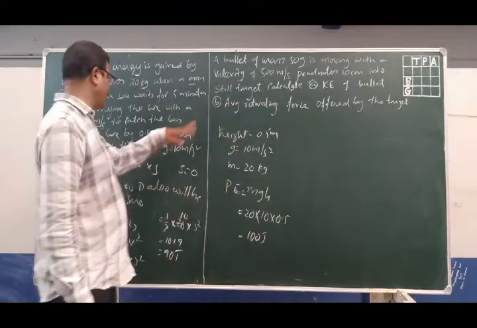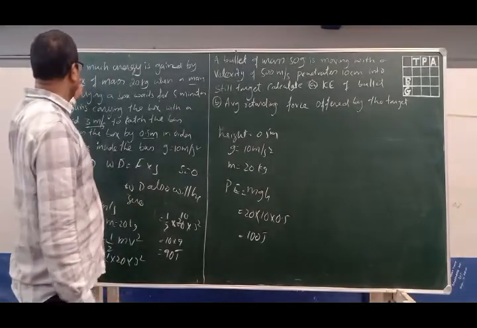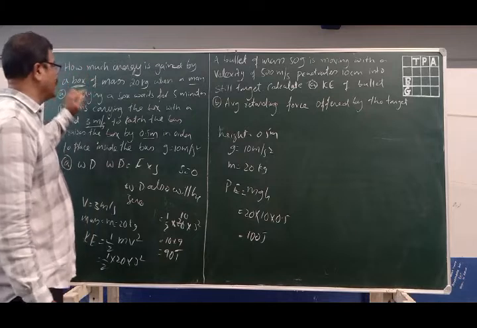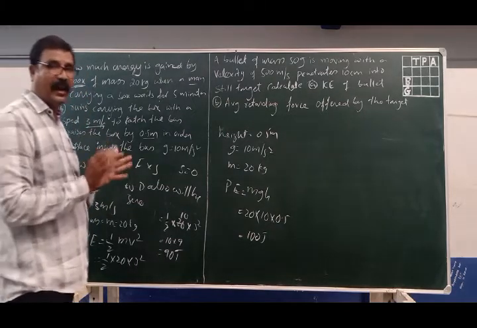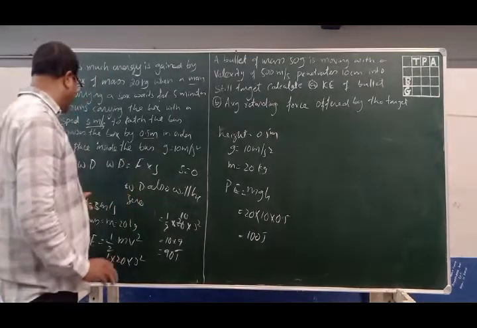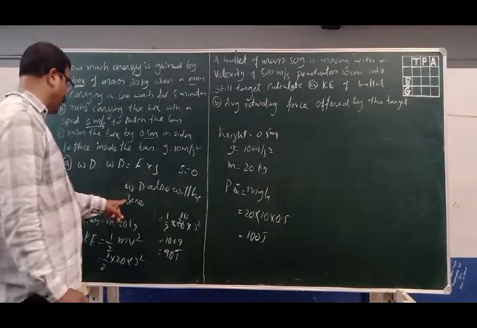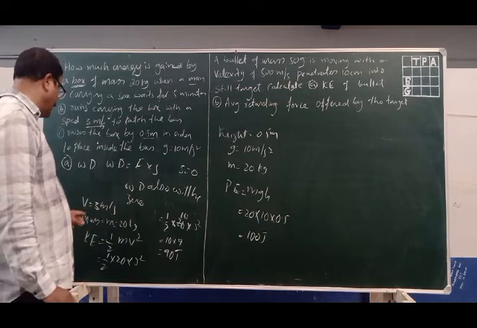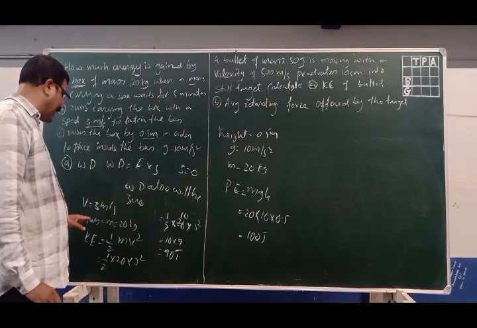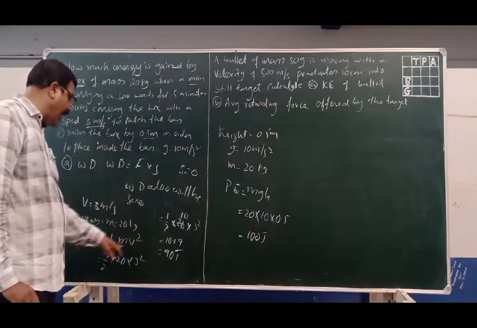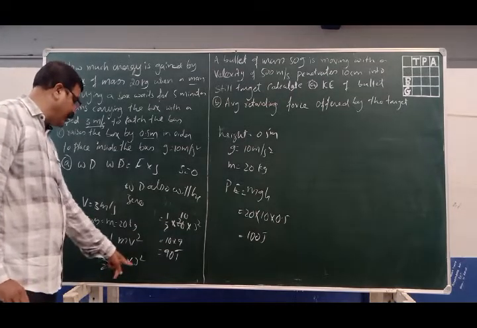So see the 3 cases here. In the first case, the energy gained by the box is 0 because the man carrying it is stationary or standing. In the second case, he is carrying the box and running. Therefore, the kinetic energy gained by the box is half m v square, that is half into 20 into 3 square.